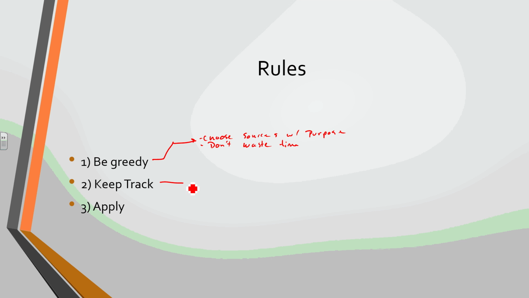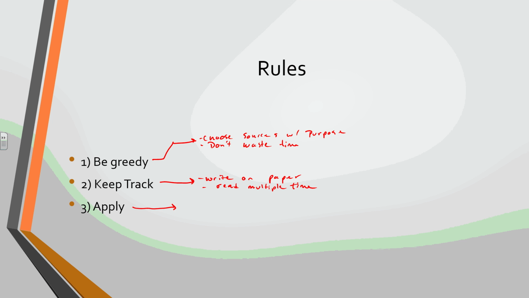Second rule is we keep track, and that means we write on paper. That means we read multiple times. So when we read a source, we first read it to identify simply the facts or figures or ideas that we might be able to use later. Then we go back and we read it and try to establish for each section the main idea and supporting details. And then we go back and we try and establish what is the main idea of the whole section.